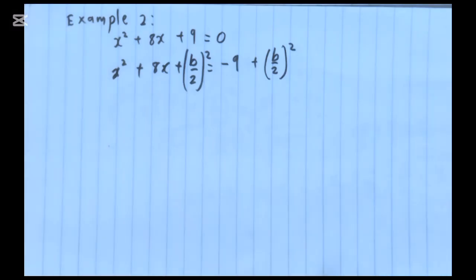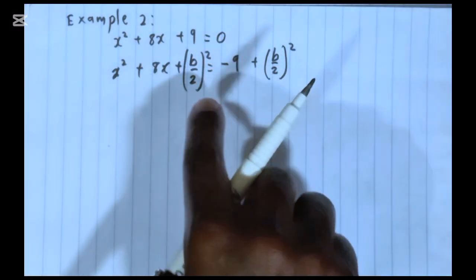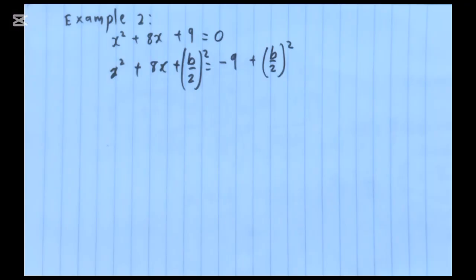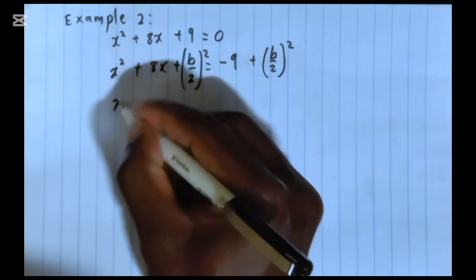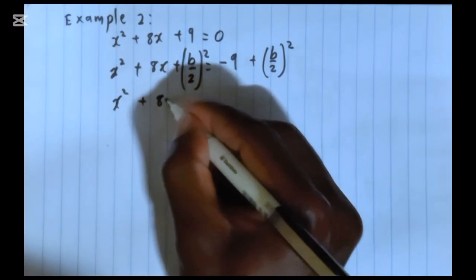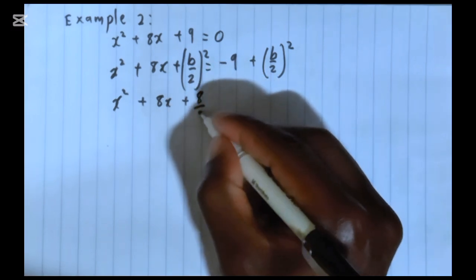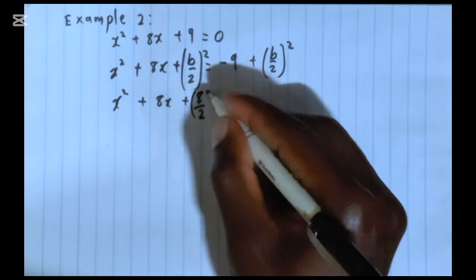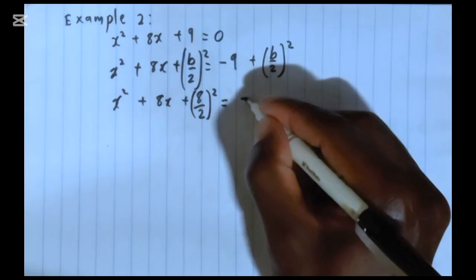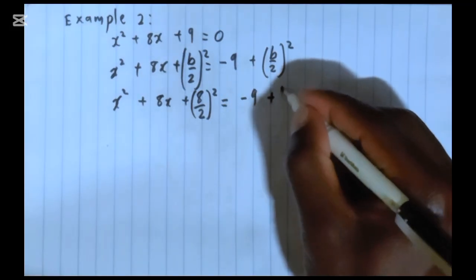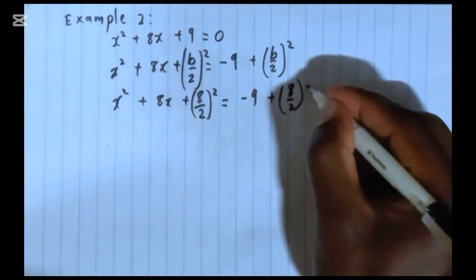Awesome. At this juncture it becomes easy to rewrite the whole equation using the value of b. We can already identify that the value of b here is 8. So we have x squared plus 8x plus 8 all over 2, squared, equals negative 9 plus 8 all over 2 squared.